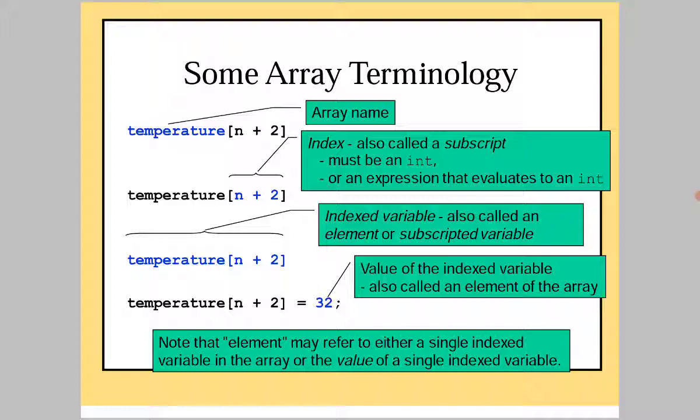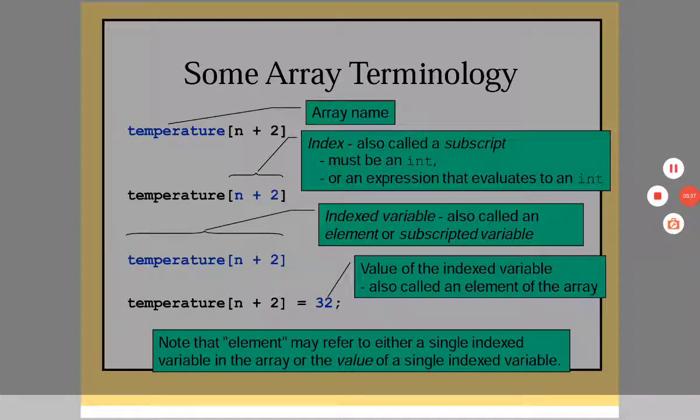So what is array name? Array name is a name used to create any array in C or C++. Next is maximum size of the array.